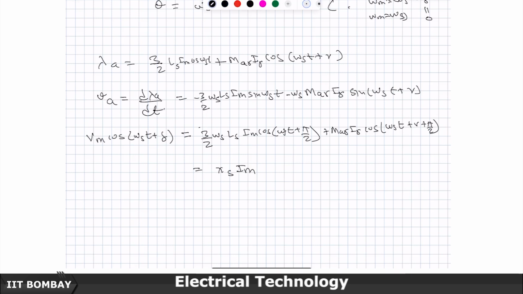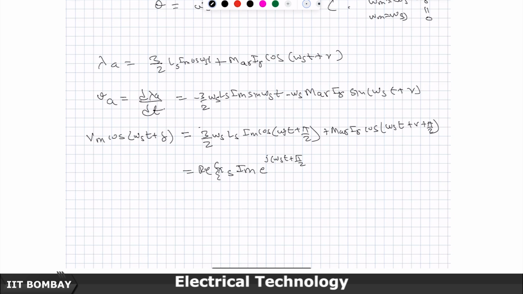And I will write this as, for cosine, I am going to write cosine as the real part of e to the power j omega s t plus pi by 2.